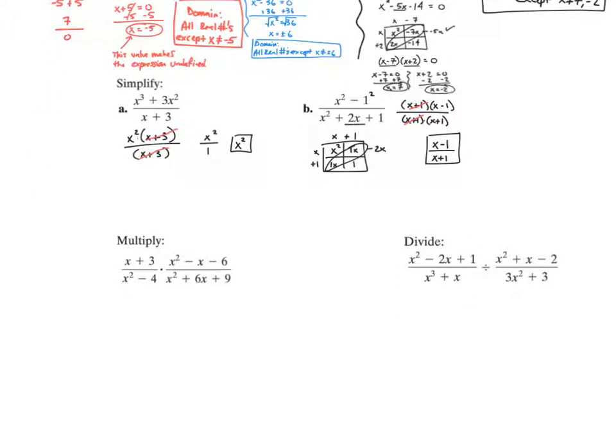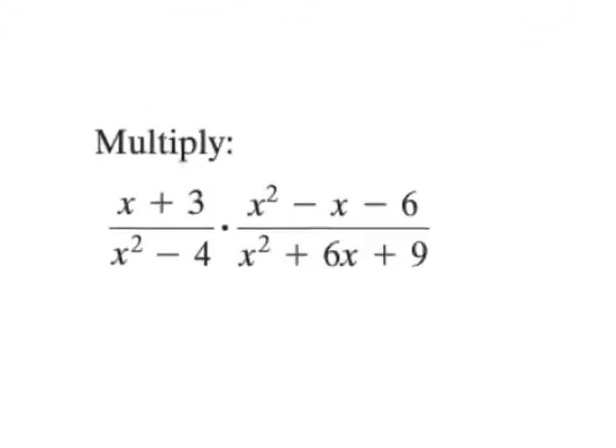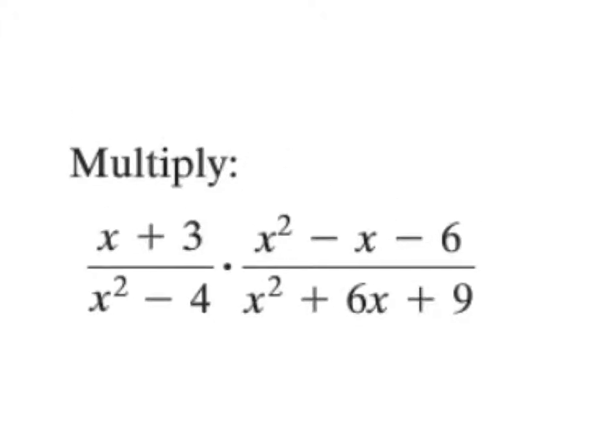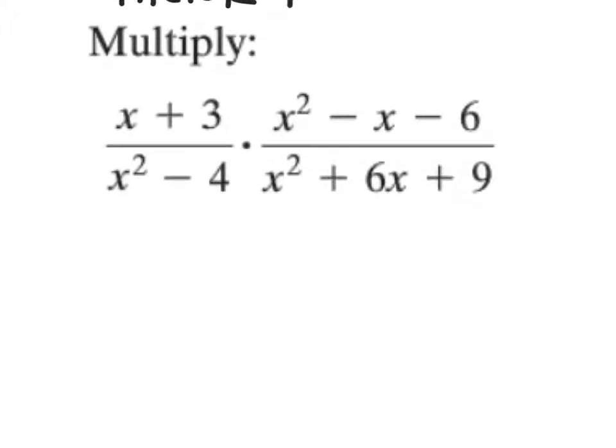Now here, it's asking me to multiply these fractions. What I don't want to do is distribute everything and multiply everything out. I want to factor everything first. So when you multiply, factor first, then see if anything divides out, and then multiply it out.